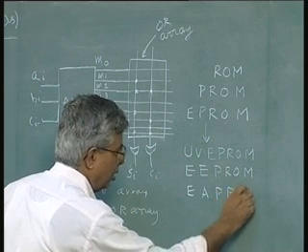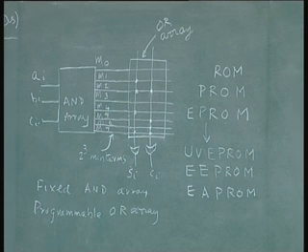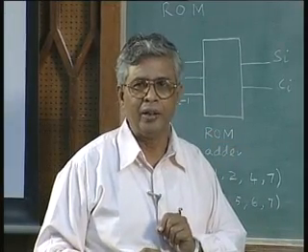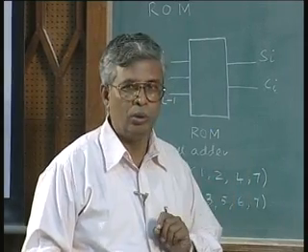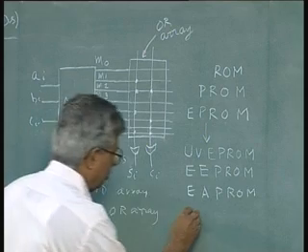Today we have a device called EAPROM, electrically alterable programmable read-only memory, wherein the device stays in the circuit without having to remove it from the circuit, and you can selectively alter the programming of the device wherever you want to. These devices are also called flash memories, you might have heard of this term.